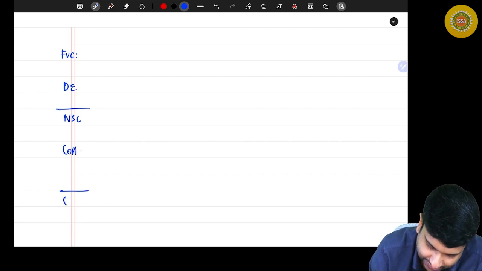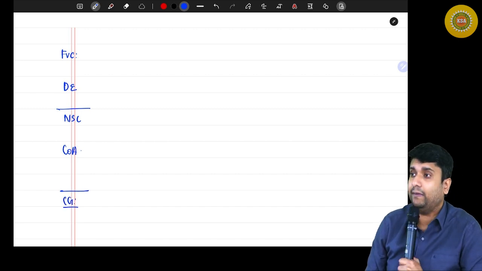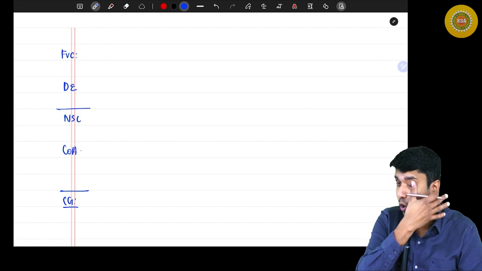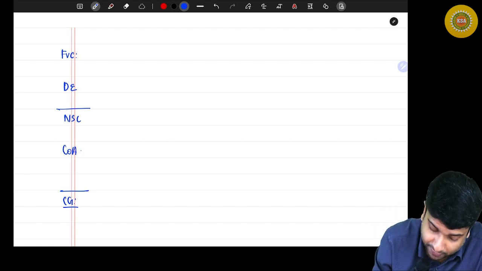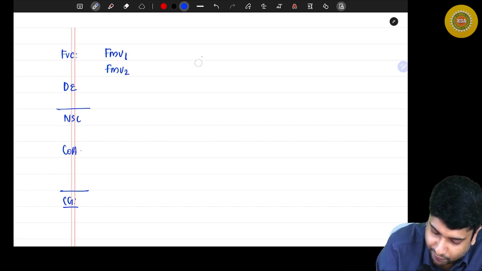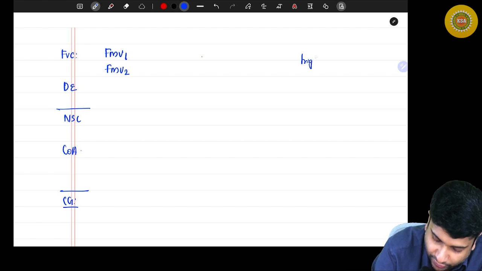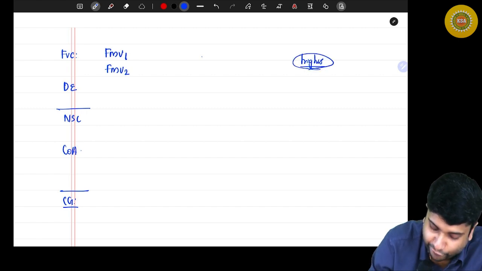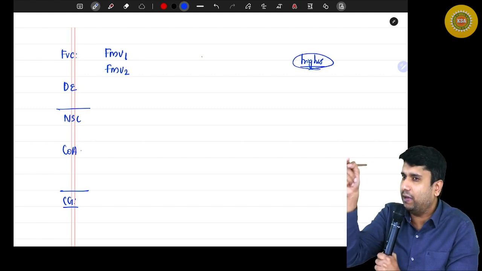Thereafter, you get the capital gains. Are you with me? When it comes to slump sale, what is full value consideration? Very simple. The department says either fair market value 1 or fair market value 2, whichever is higher, shall be your full value consideration.